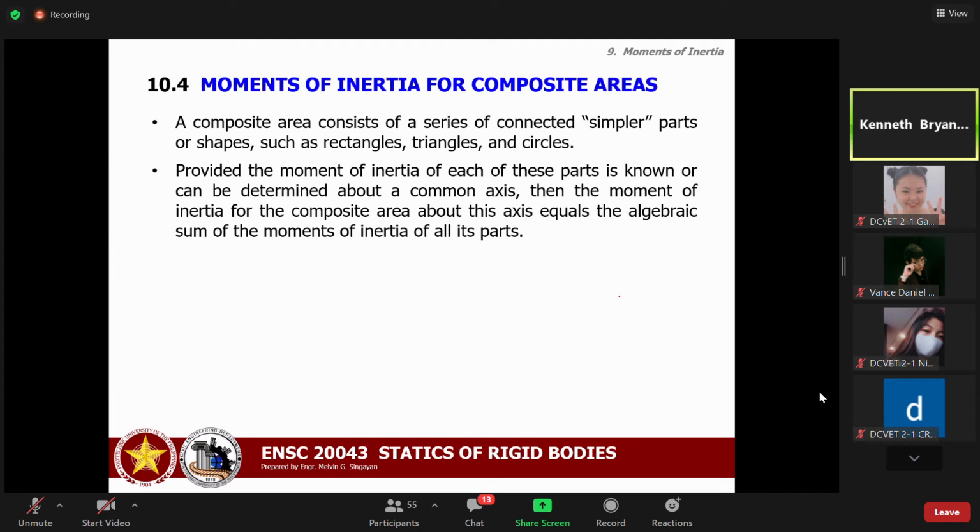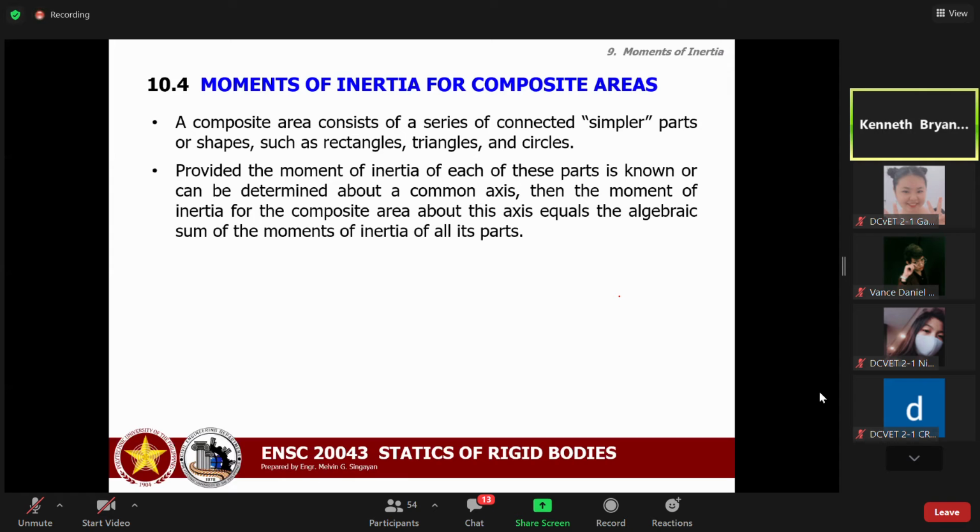10.4 moments of inertia of areas. A composite area consists of a series of connected simpler parts or shapes such as rectangles, triangles, and circles. Provided the moment of inertia of each part can be determined about a common axis, then the moment of inertia for the composite area about this axis equals the algebraic sum of the moments of inertia of all its parts.